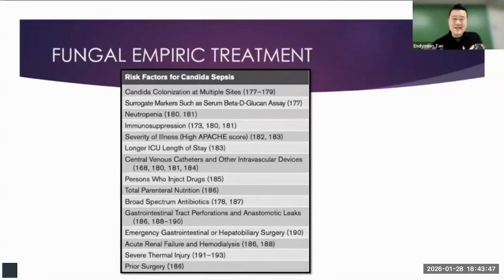So colonization at multiple sites. If you have patients who are neutropenic, immunocompromised, HIV patients, transplant patients, patients with prolonged immunosuppression, patients on total parenteral nutrition, down the line, then by all means, you won't be judged on why you give your antifungal therapy.